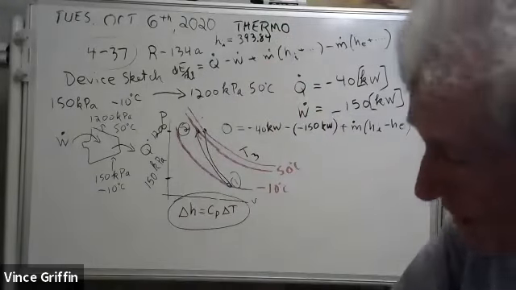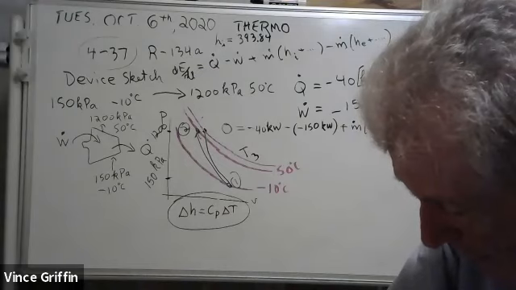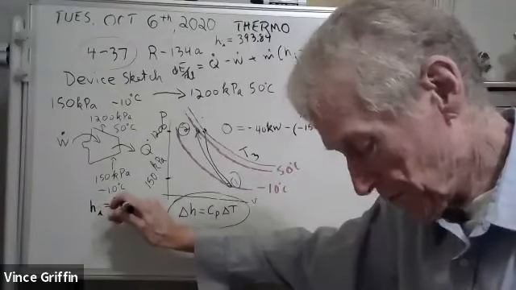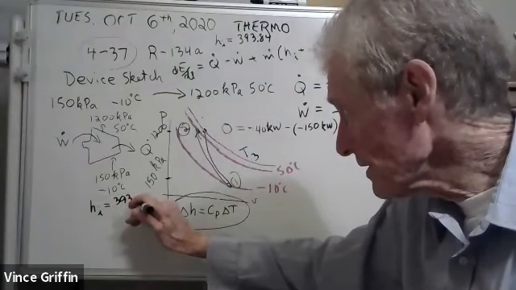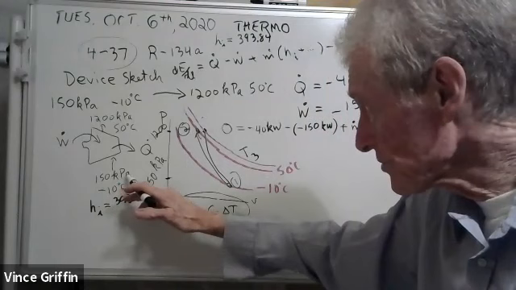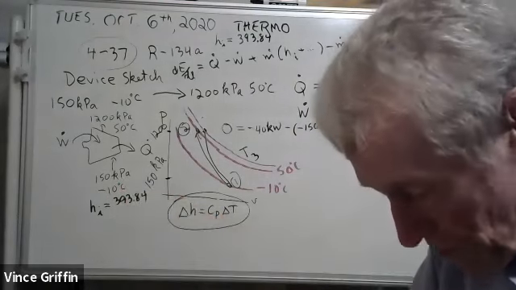But I'm going to wait till I hear several uh-huhs before we go on. Can you find little h_i, 393.84, for 150 kilopascals, minus 10 degrees Celsius in the tables?